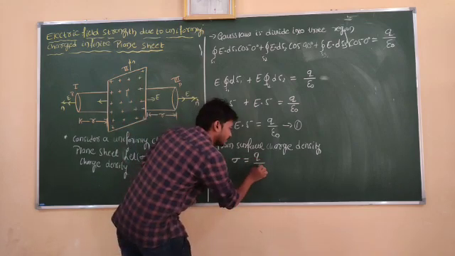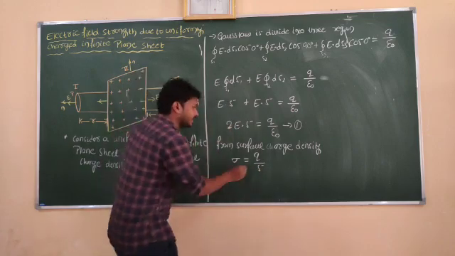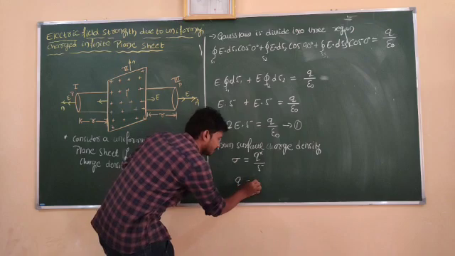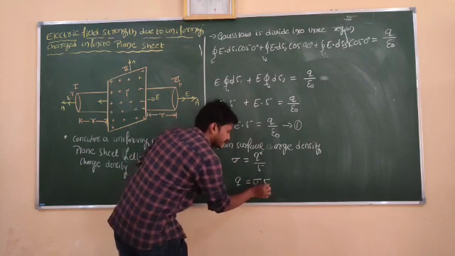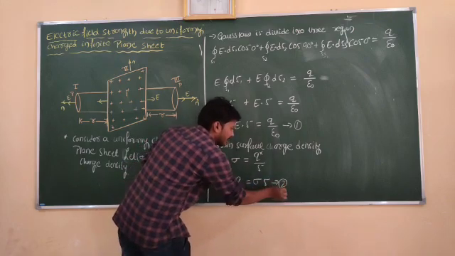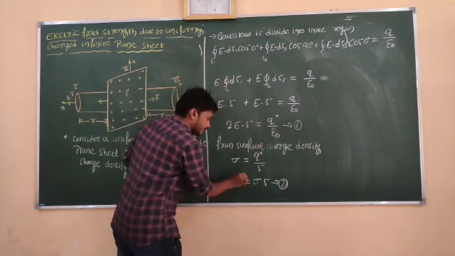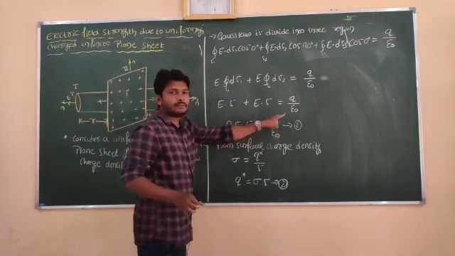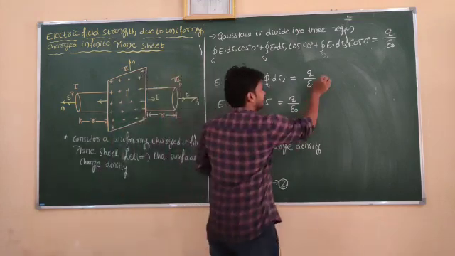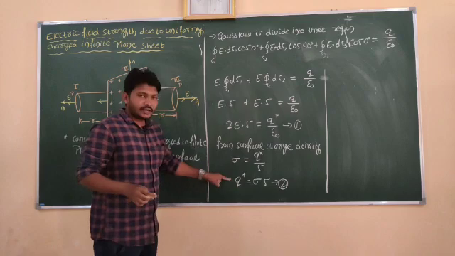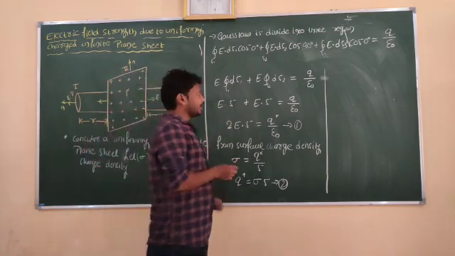Sigma is equal to Q by S. Or shall I rewrite this equation? Q is equal to what? So Q is equal to sigma into S here. So this I will name as equation 2. So wherever Q is there in equation 1, shall I fill it as sigma into S? So let me substitute the value here. I will substitute the equation 2 value in equation 1.